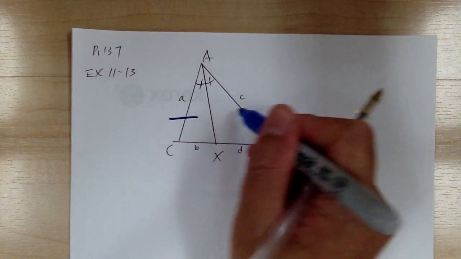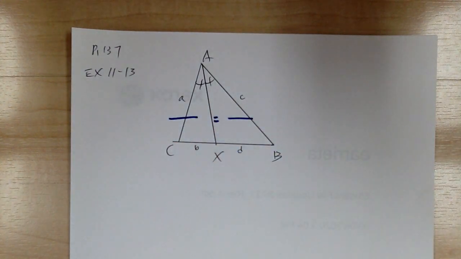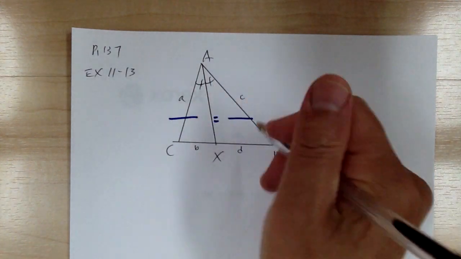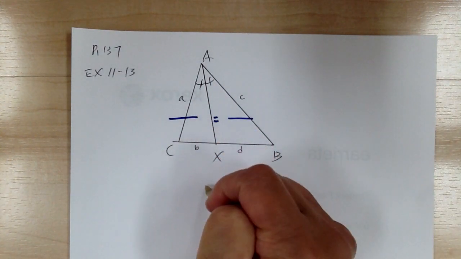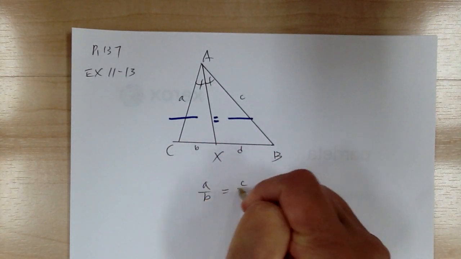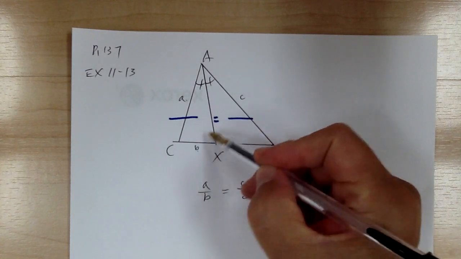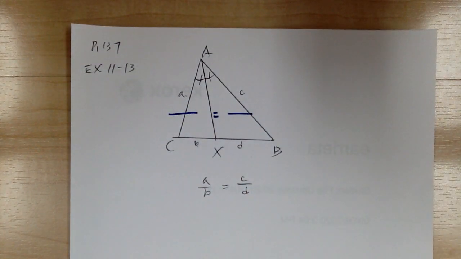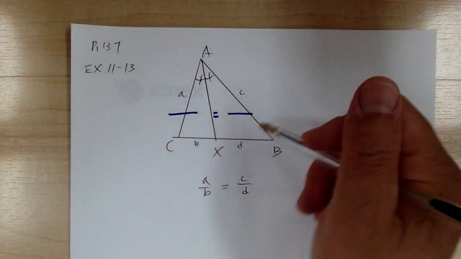So that's your fraction and that's your equal. Okay. So the relationship between these four lengths would be A over B equal to C over D. So A over B equal to C over D. So the angle bisector theorem is fairly easy to remember this way.